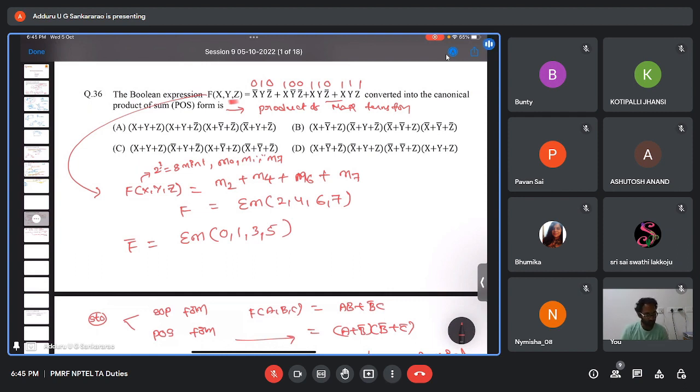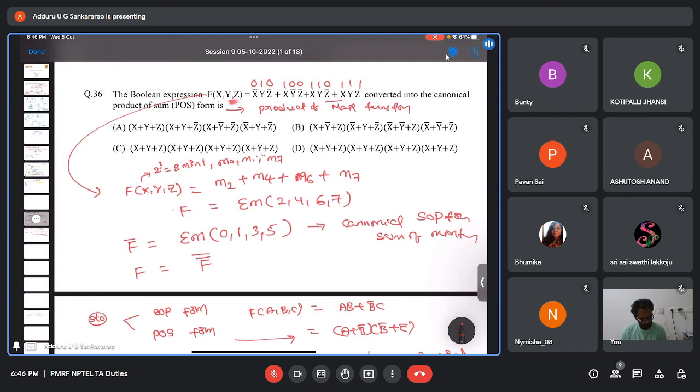Now to get the canonical POS form, what is this form actually? This form is canonical SOP form, or sum of minterms form. Now to get the other form, I will take F bar whole bar, F complement whole complement.